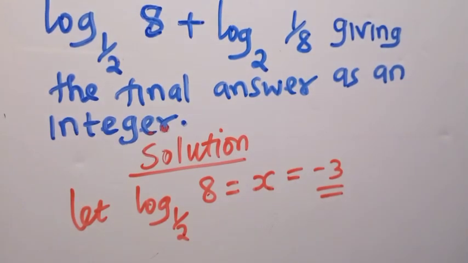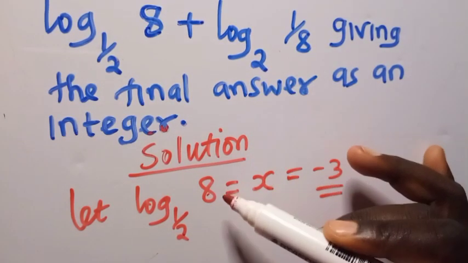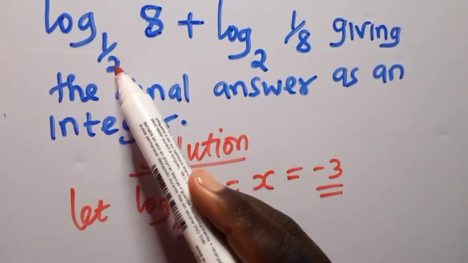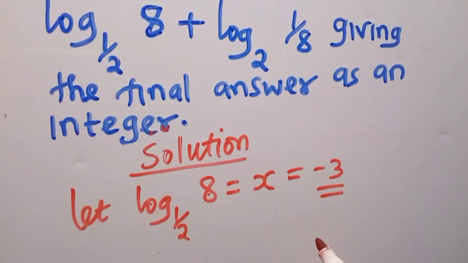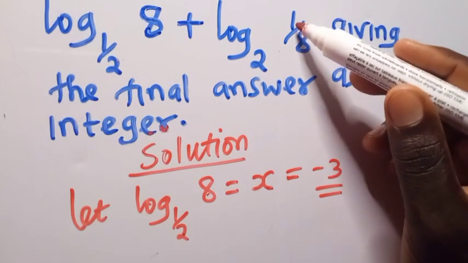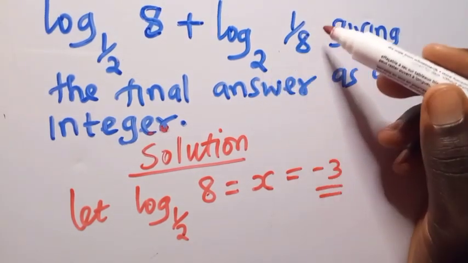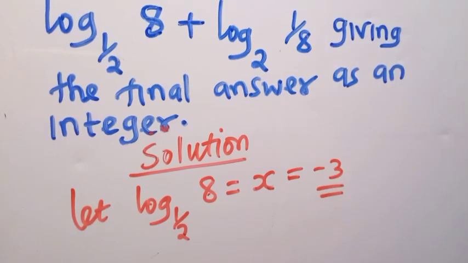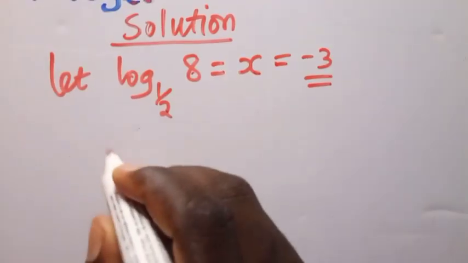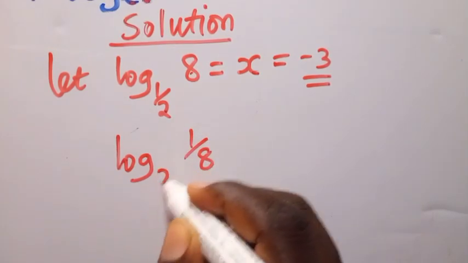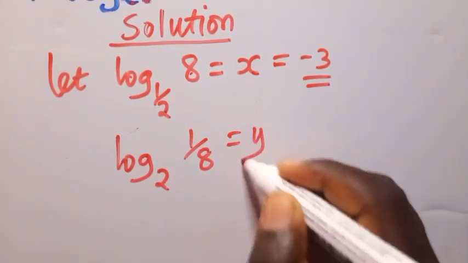We will do the same way we had done the logarithm of 8 to base a half. So we shall let the logarithm of 1 over 8 to base 2 be any unknown, let's say y.